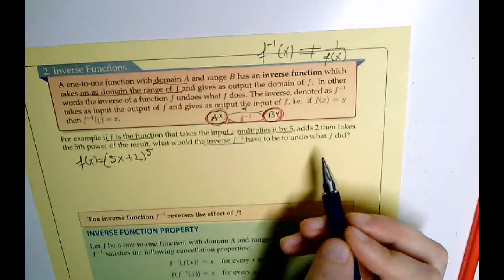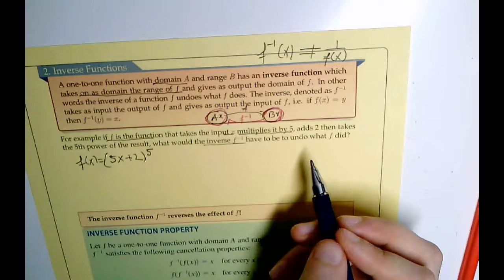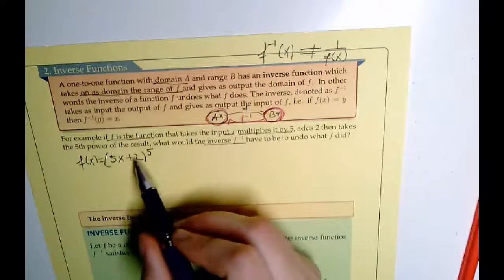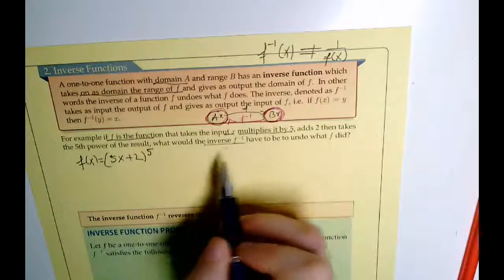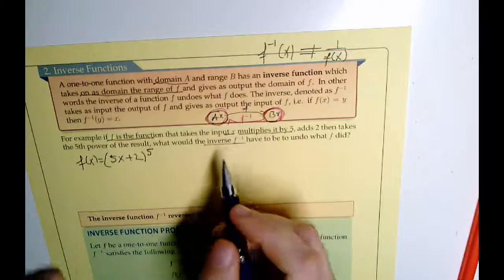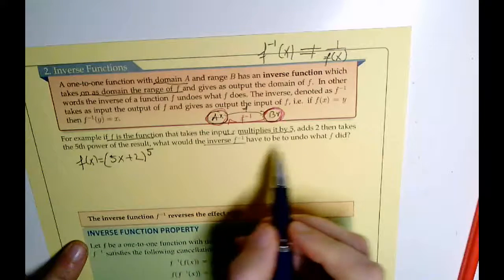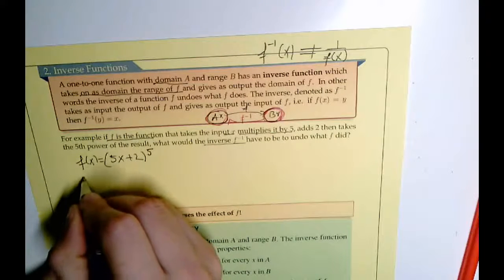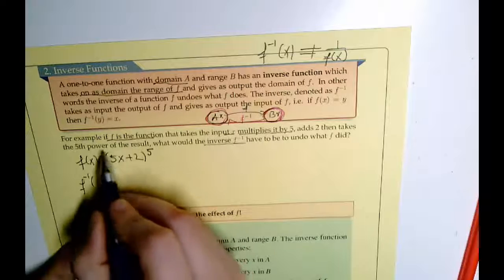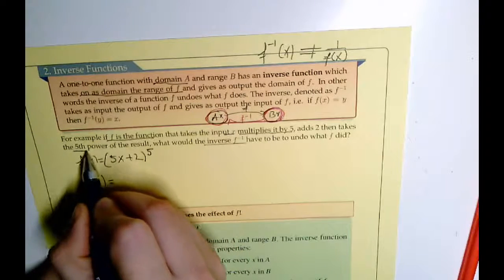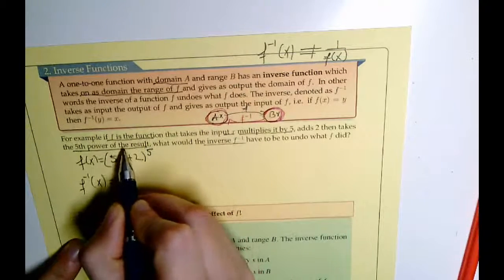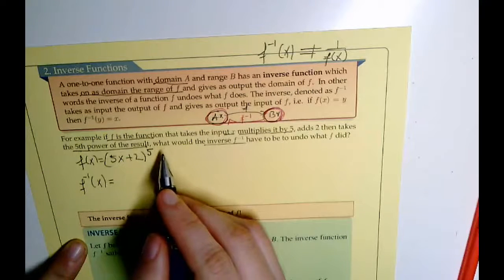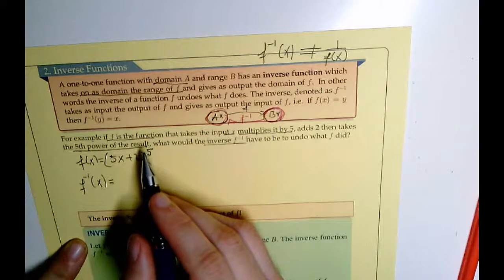Well, the inverse is going to do exactly what f did, but in reverse order and exactly the opposite. So f inverse of x is going to take x, and so instead of taking the 5th power of the result, it's going to do the 5th root of it.